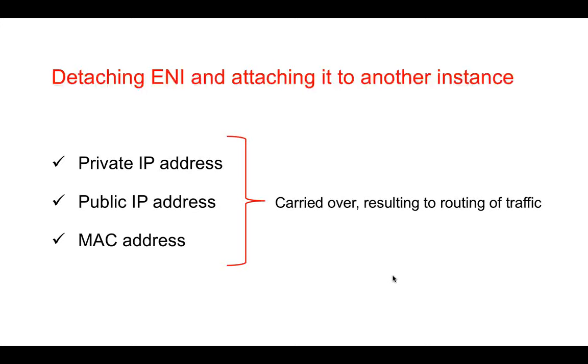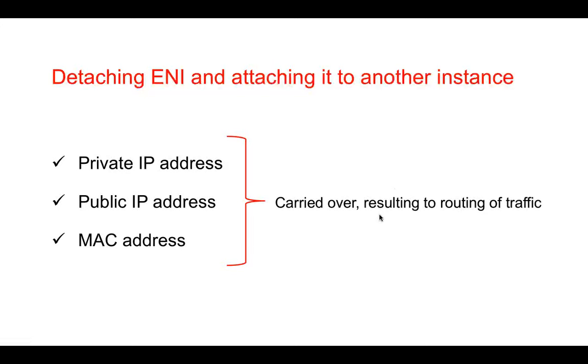Now the network traffic communicates using the IP addresses and the MAC addresses. Therefore, this will help us to reroute all the traffic to any instance in the same AZ in case of a failover. So this ends our second overview of the advantage of the elastic network interface.